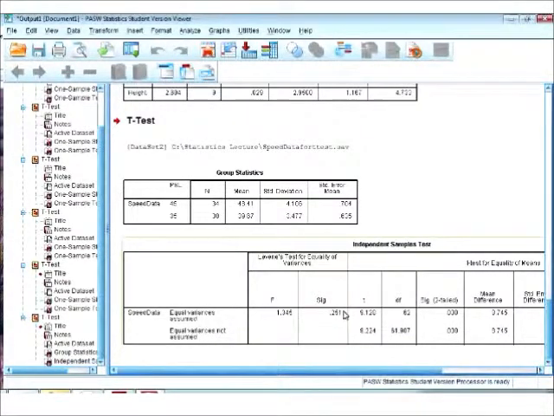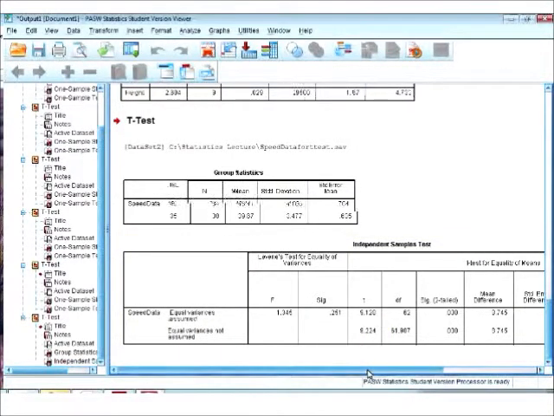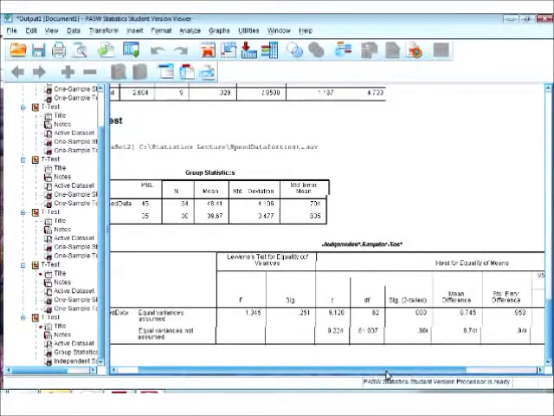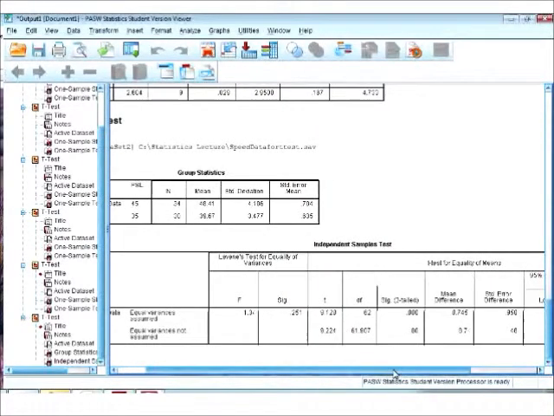In our case, the significance level of Levene's test is greater than 0.05, our significance level, so we will use the results of equal variances assumed, which means that we are assuming that the variances in the two different data sets, or in these two different categories, are the same.